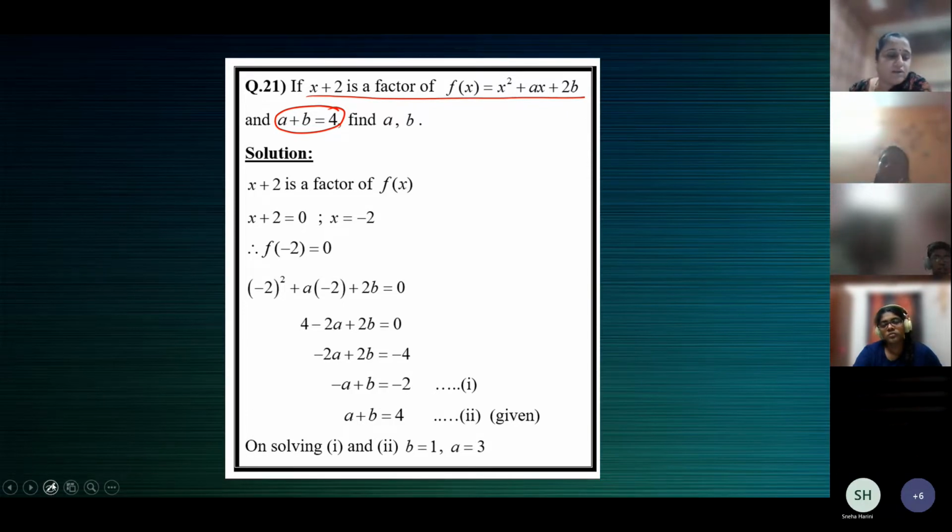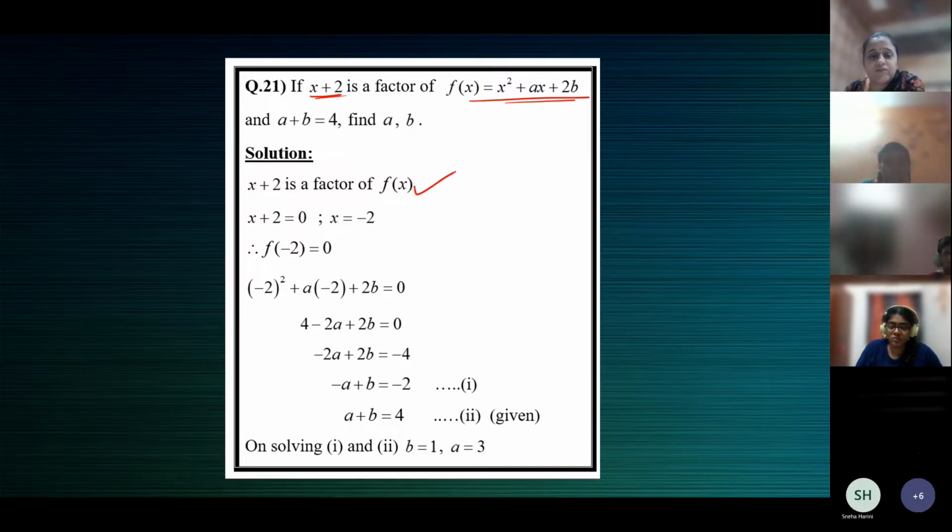So in the chapter polynomials, factor theorem and remainder theorem last year, if x plus 2 is a factor of f of x, equate x plus 2 to 0. So we get x is equal to minus 2. Since it's a factor, f of minus 2 is equal to 0.